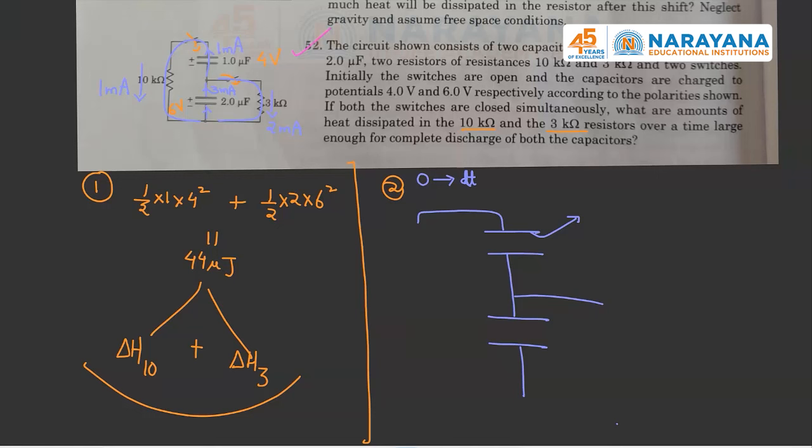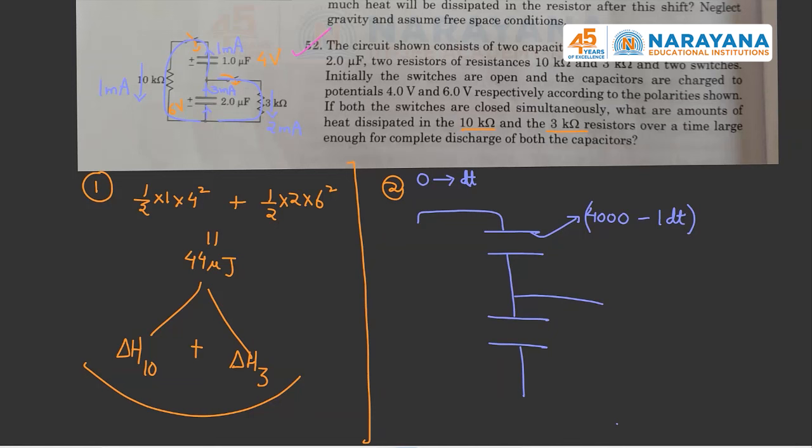Initially my charge was 4 microcoulomb, that is 4000 millicoulomb, so it is 4000 minus 1 dt, again in millicoulomb.